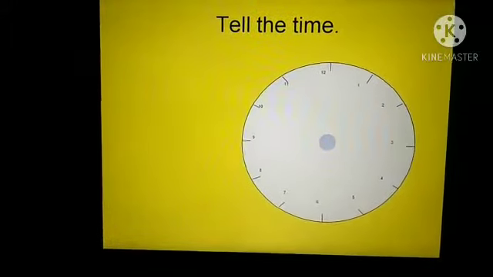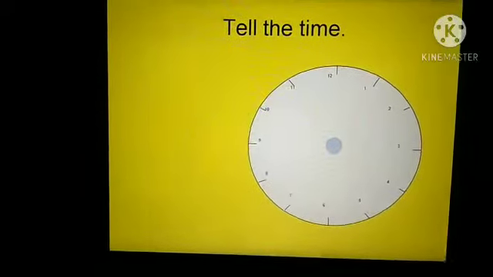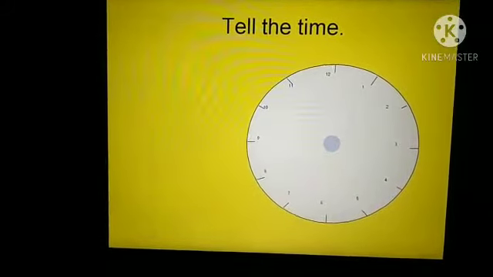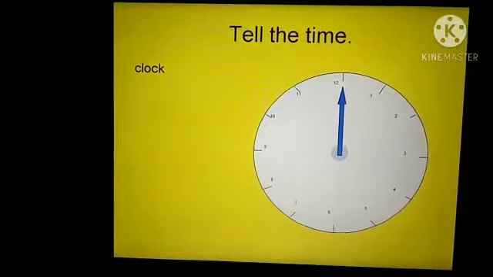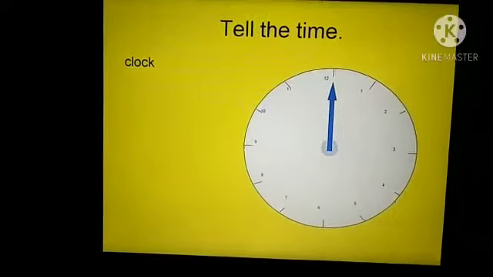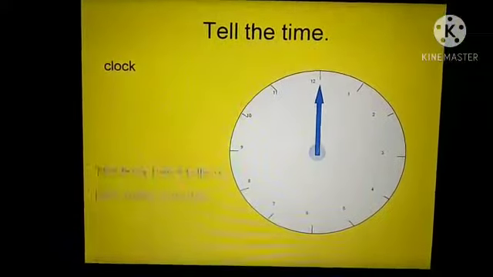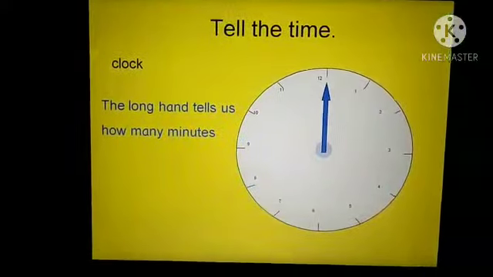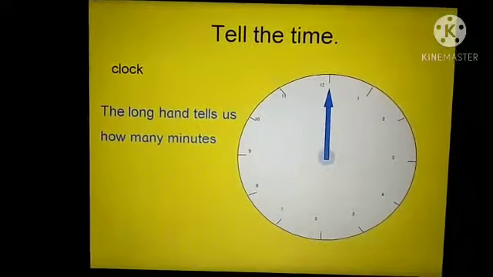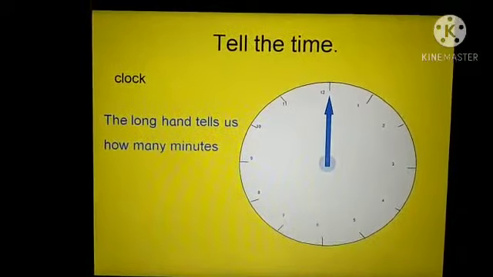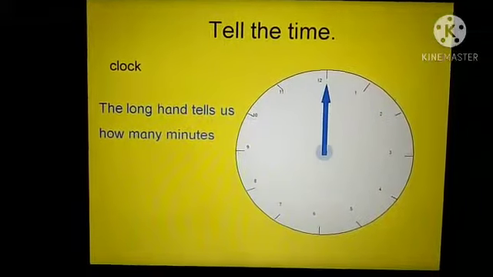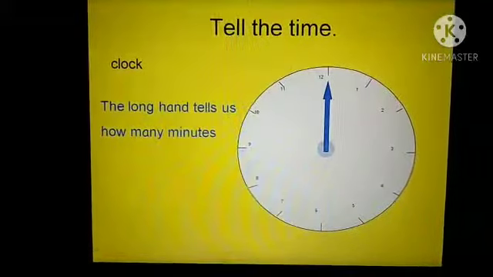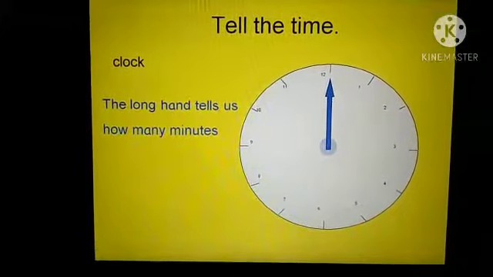Can anyone guess? Yes, the two hands of the clock. Wow, here comes the minute hand. The long hand tells us how many minutes. Okay, so the minute hand is pointing towards 12.